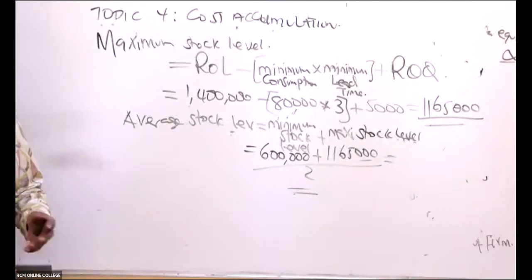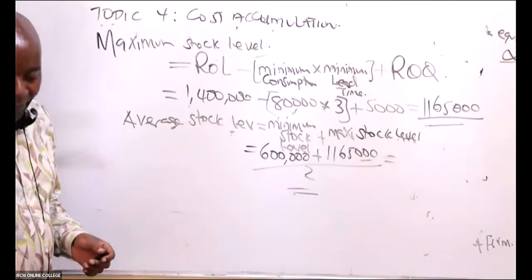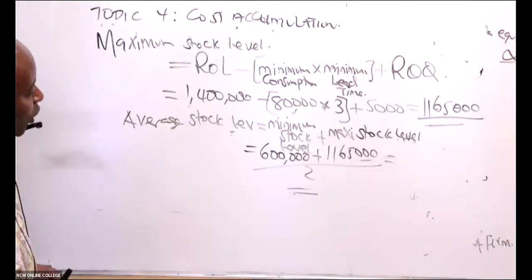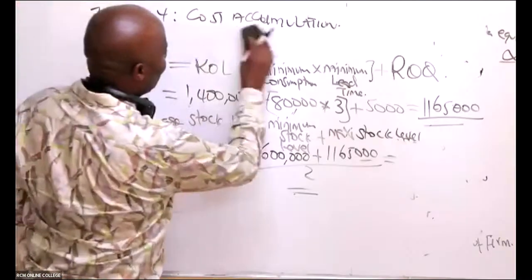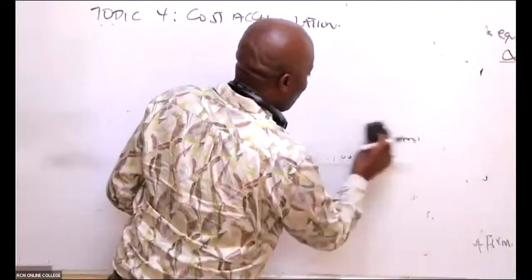Now you guys have the answer. Now, ladies and gentlemen, with your permission, I'll go to the next part. The next part of this is what we call the economic order quantity.